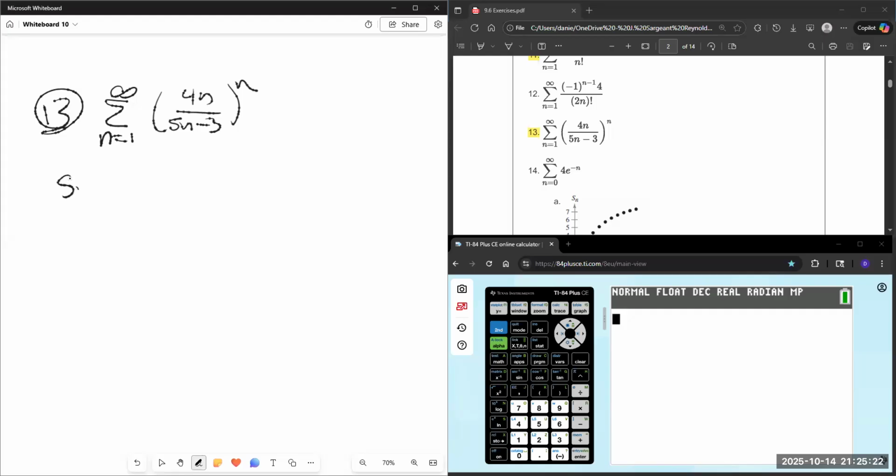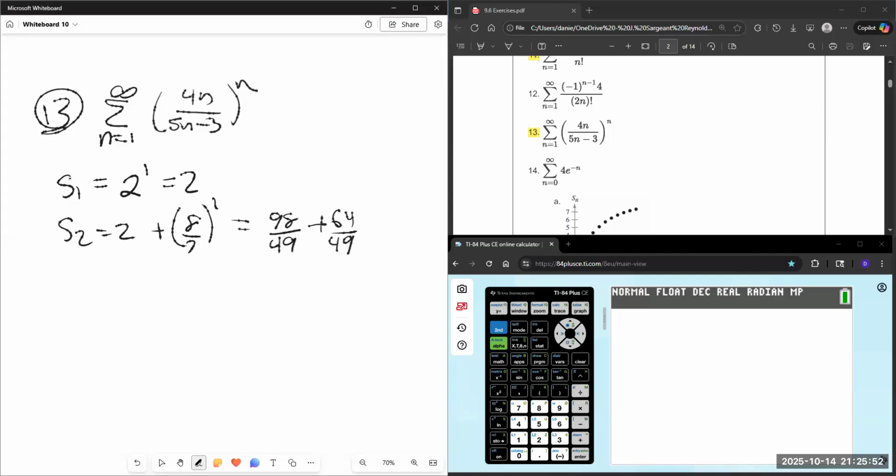S1 would be 4 over 2 to the first, which is 2. S2 is 2 plus 8 over (10 minus 3), which is 7, squared, which is 64 over 49. 49 times 2 is 98, so 98 over 49 plus 64 over 49 is 162 over 49.